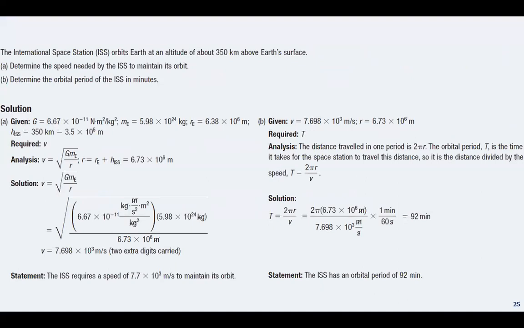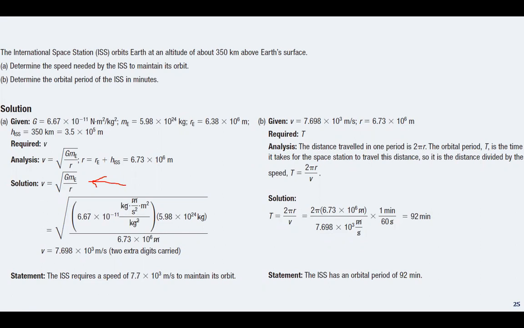All right, let's have a look at the solution together. We have just learned that the speed of a satellite depends on its orbital radius, and it's independent of the satellite's own mass, right? And it's given by this formula here. v should equal the square root of GM_E over r, where M_E is the mass of the planet Earth, and r is the orbiting radius with respect to the center of the planet Earth, right?